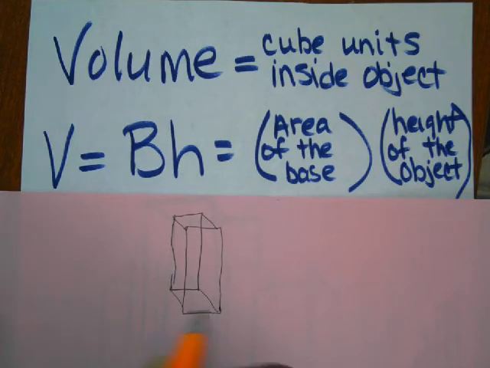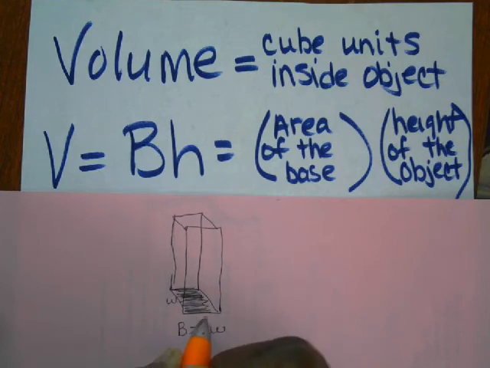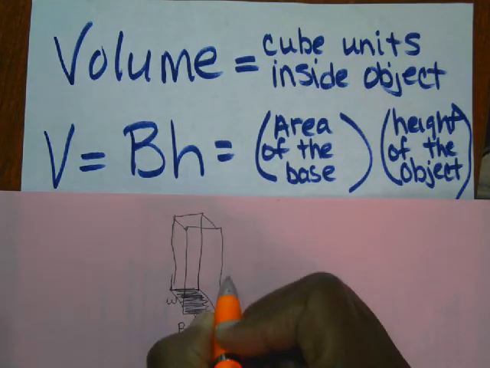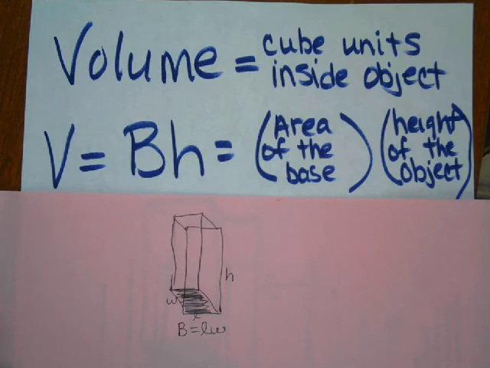Volume means I figure out what the area of the bottom is, no matter the shape. So big B is going to be length times the width. This is the width, this is the length. And then I multiply that times how tall the object is. So in junior high, you learn volume as length times width times height.